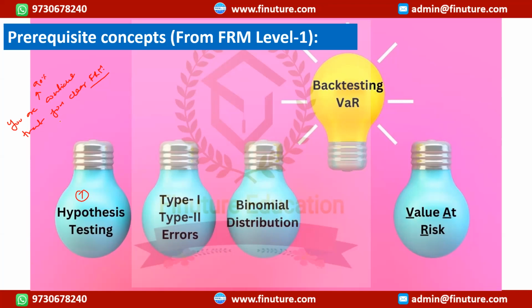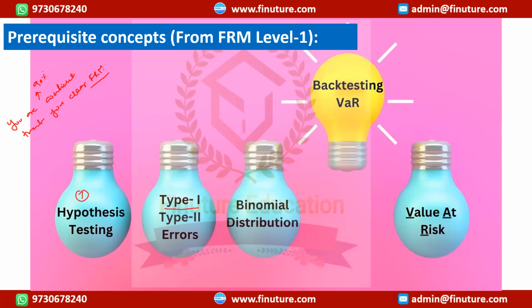So when you come out of the exam, based on your experience, you say you're 90% confident that you will clear the exam. That's the assumption. That has to be tested based on certain statistical tools, observations, and type 1, type 2 errors. Type 1 error is very straightforward.